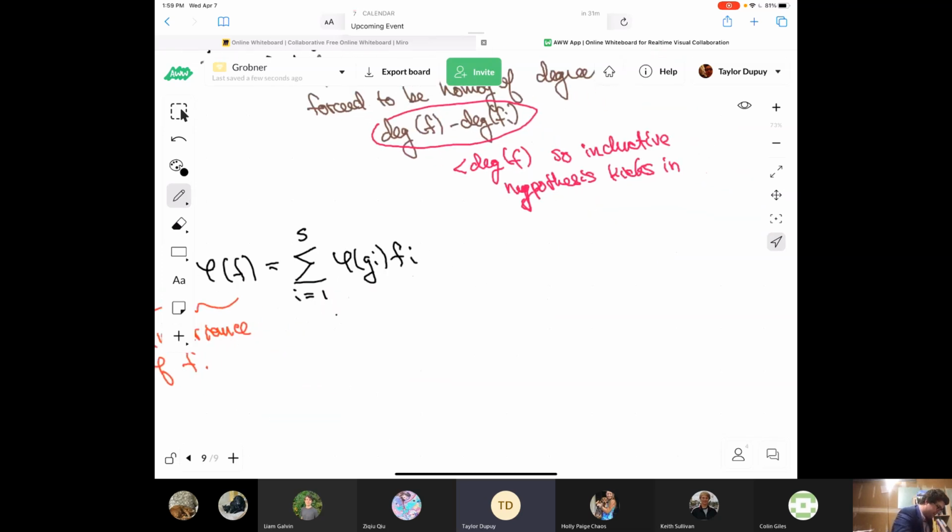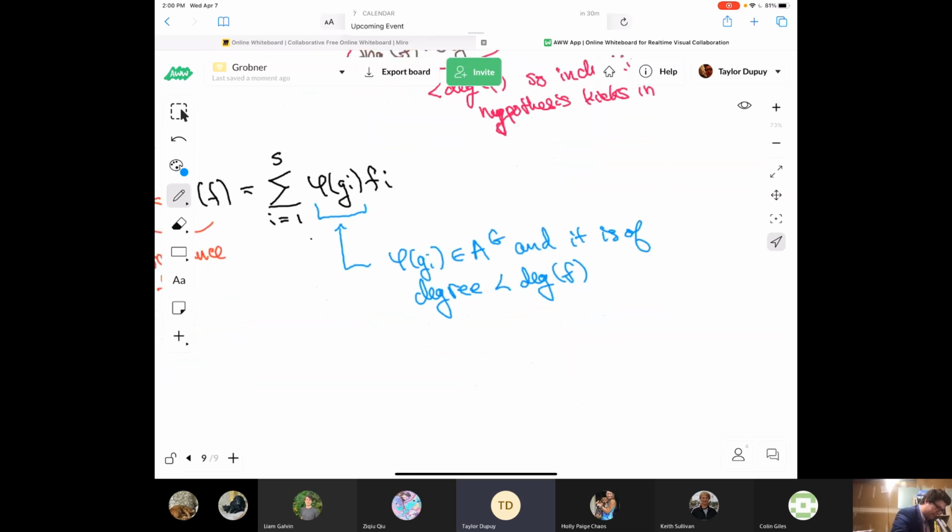This thing here, okay, so by inductive hypothesis, this is now an invariant element. This is an element of A^G, and it is of degree less than the degree of f.